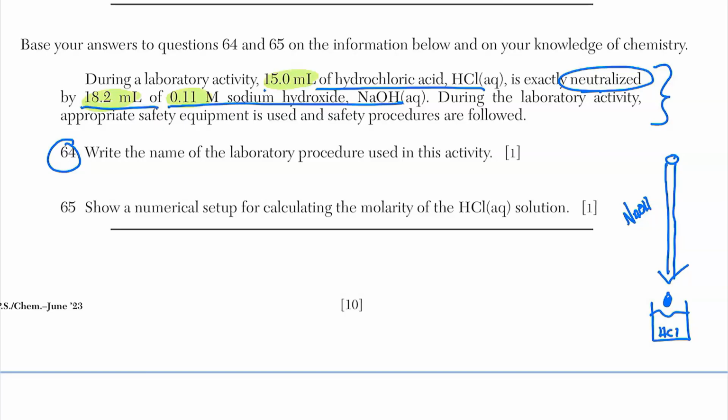So knowing how much sodium hydroxide I'm adding, I can figure out exactly how much acid I have, because generally speaking, the acid, in this case the H plus or H3O plus, equals the hydroxide from the base when it's neutralized.